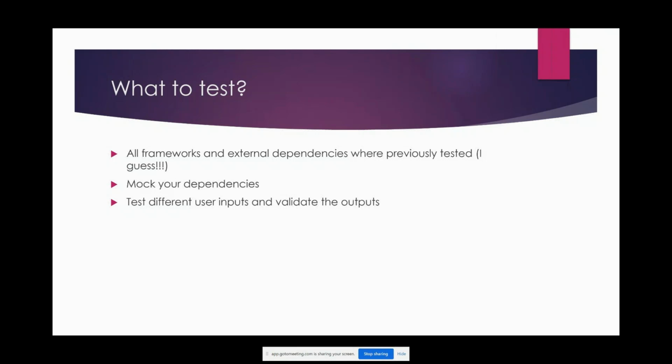So test not only the happy path. Try to think, what is the worst case that can happen in this situation? And do it. Test with it. Make your code resilient about it. You don't need to solve the problem.